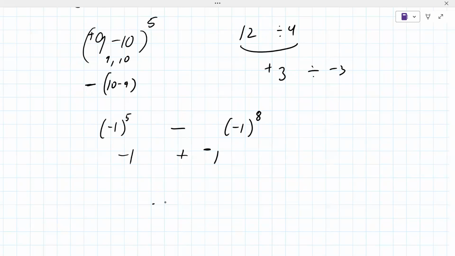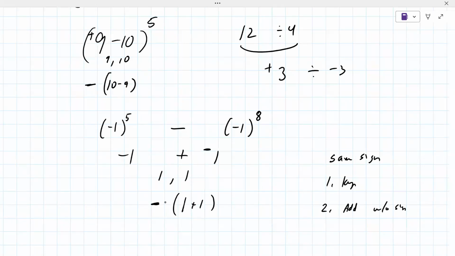So you keep the sign and then you add the numbers without the sign. When they're the same sign, you keep the sign. Negative. And then you add them without the sign. -2. Yeah. All right.